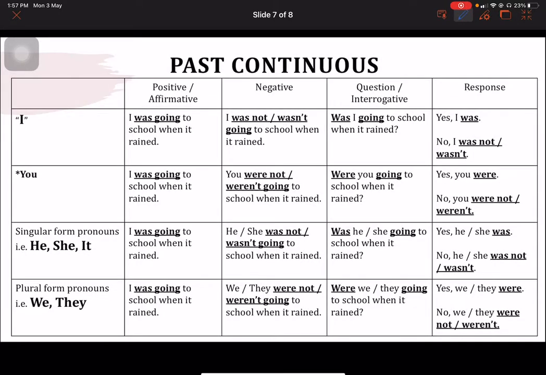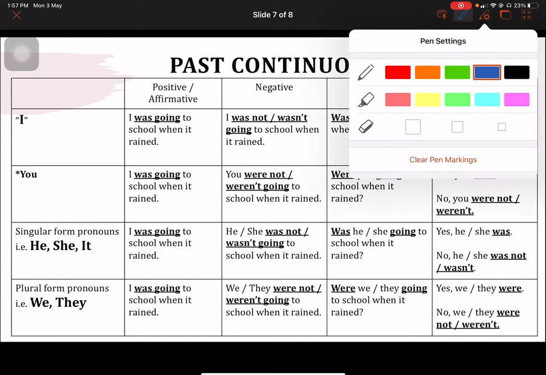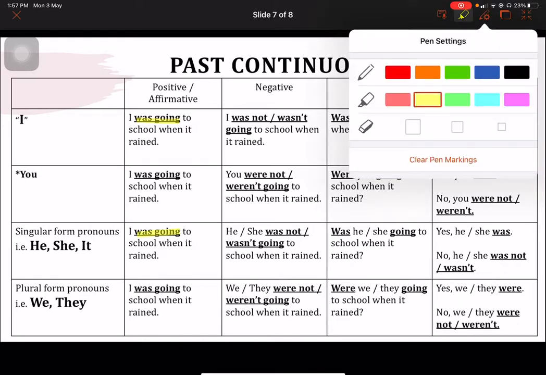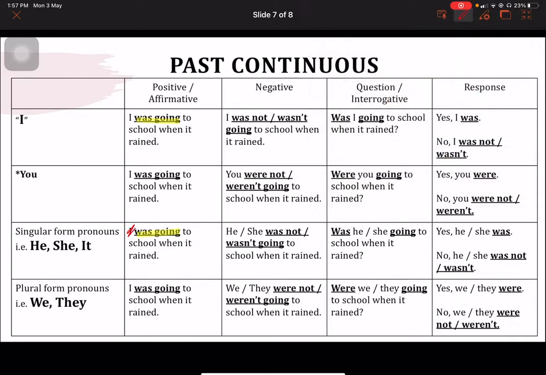So here, for I, it becomes: I was going to school when it rained. Also the same for singular form pronouns he, she, it: he was going to school when it rained.